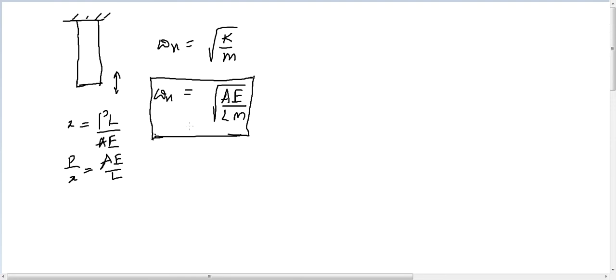This is the frequency with which it will vibrate in a longitudinal direction. For example, for the same bar, let us say we are applying force in the transverse direction, that is, perpendicular to this longitudinal axis.